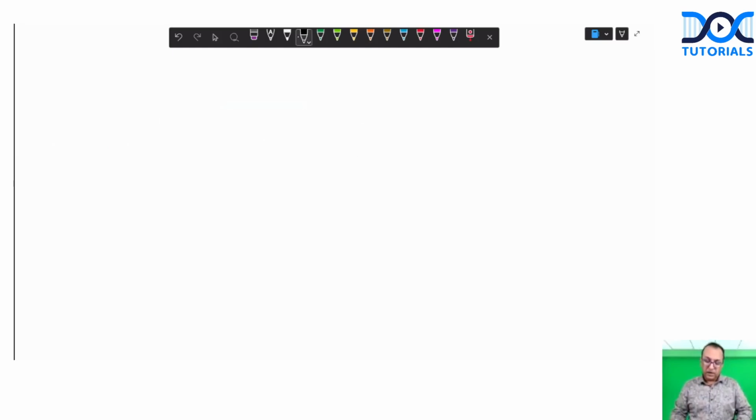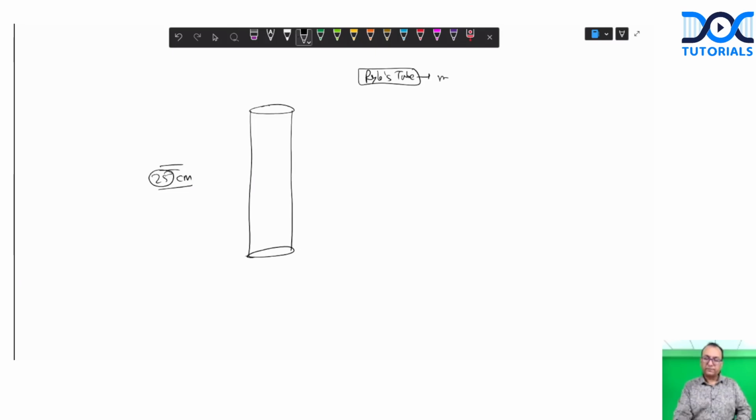Here, you start again by telling that this is the esophagus, and it is about 25 centimeter long. And we are putting a Ryle's tube. That Ryle's tube has some markings. We calculate those markings from the upper incisor.